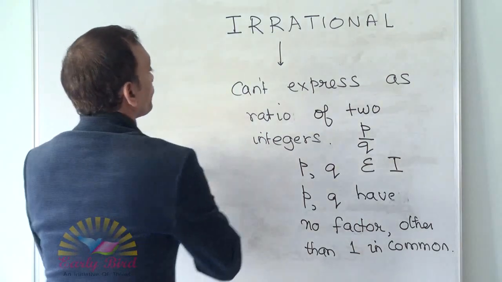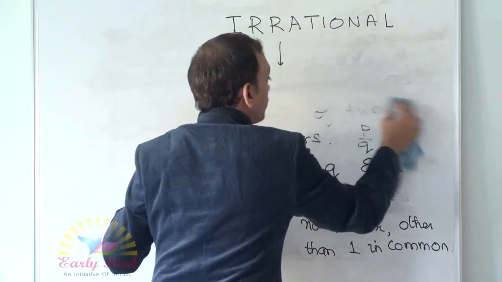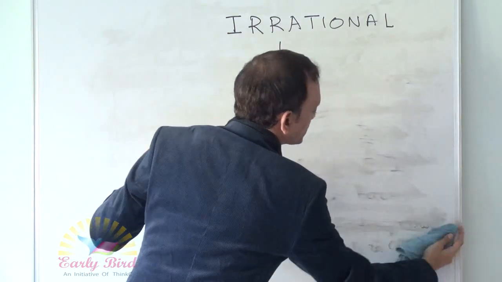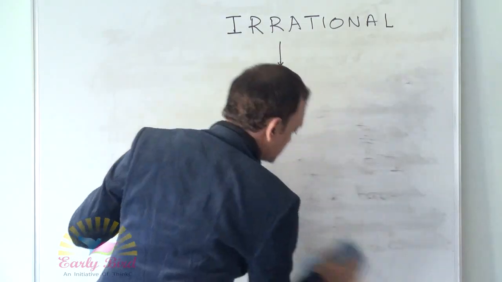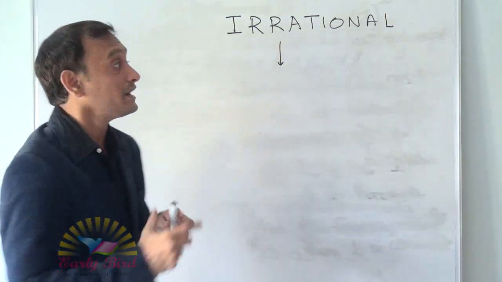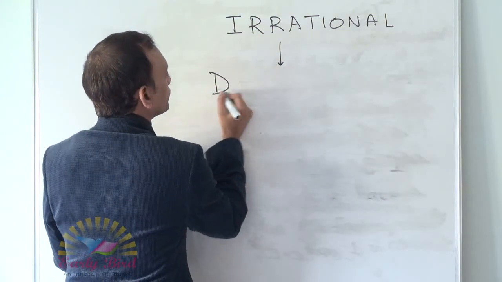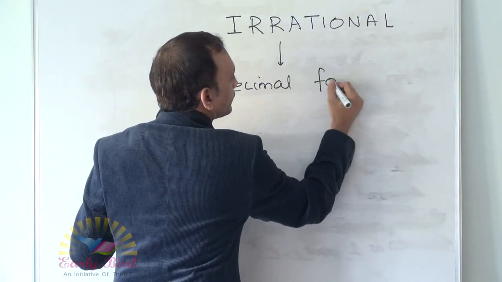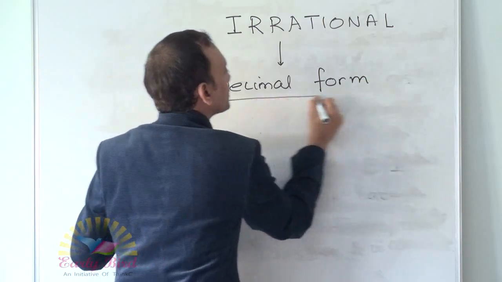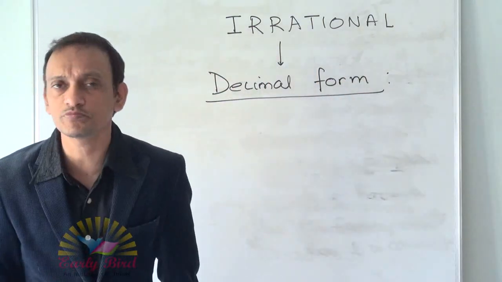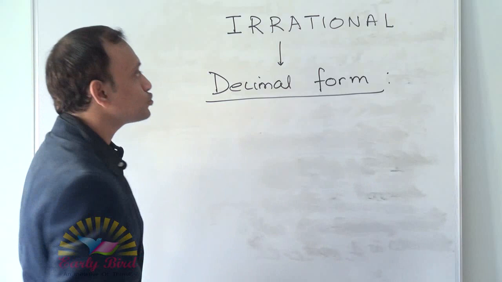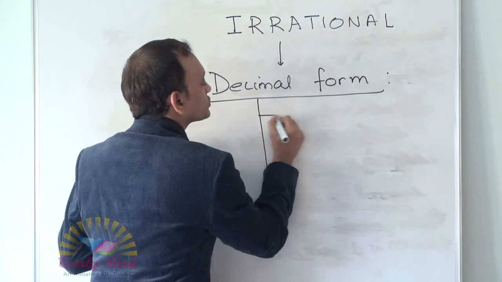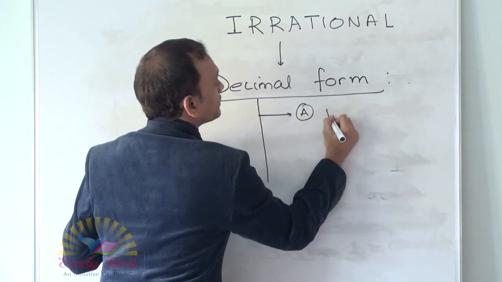Now, this is as far as the ratio of two integers aspect of an irrational number is concerned. However, in the decimal form, let me tell you what it means by an irrational number. That has to be understood and taken notice of. In the decimal form, it's going to be a non-terminating decimal.